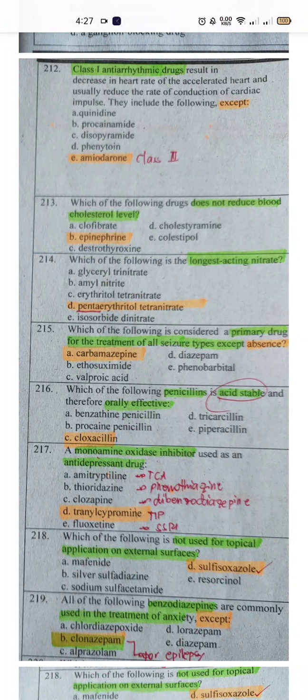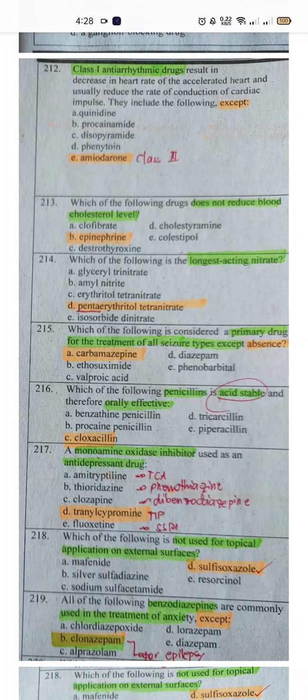217. A monoamine oxidase inhibitor or your MAOI is used as an antidepressant drug, that is your tranylcypromine. Tranylcypromine is a monoamine oxidase inhibitor. Your amitriptyline is a tricyclic antidepressant.